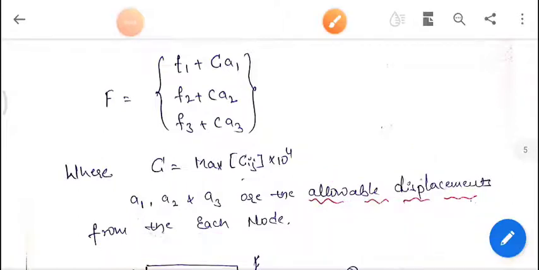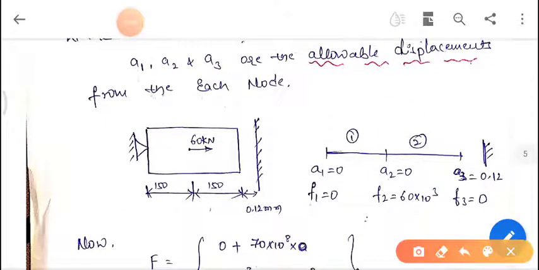If we see our figure, A1 is at node 1 where we don't have any displacement, so it is 0. At A2 we don't have any allowable displacement, but at A3 we have an allowable displacement of 0.12. So A1, A2, A3 are nothing but the allowable displacement at each node.